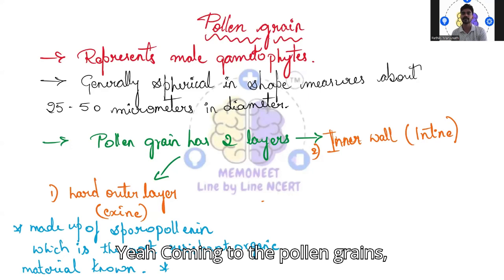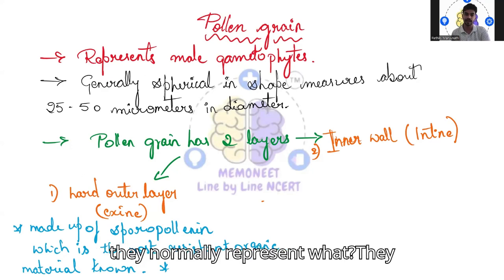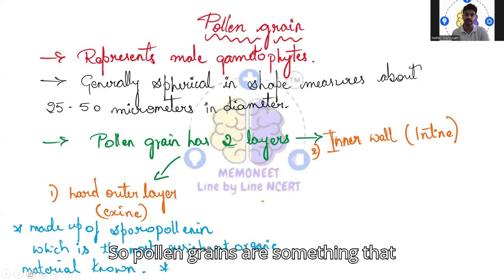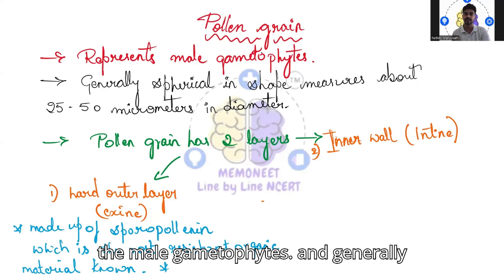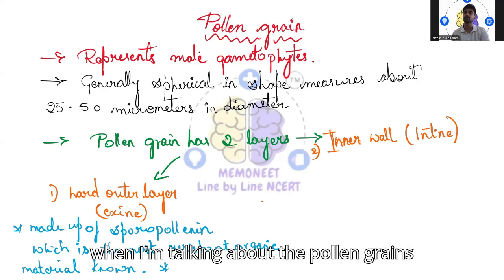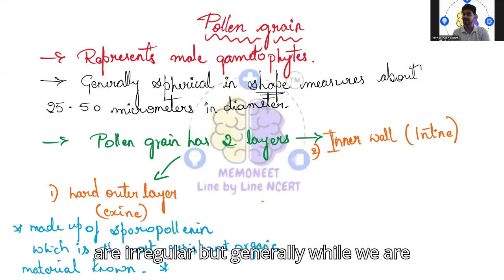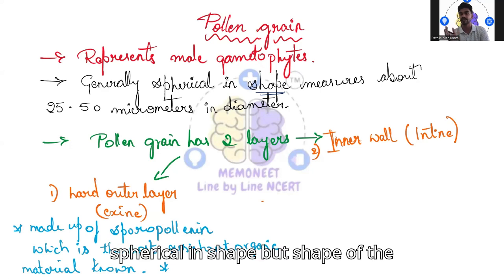Coming to the pollen grains, they normally represent the male gametophytes. Generally, the shape of pollen grains is irregular, but while describing them we normally say they are spherical in shape.